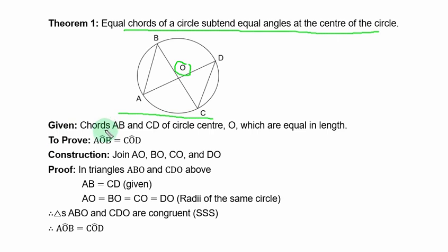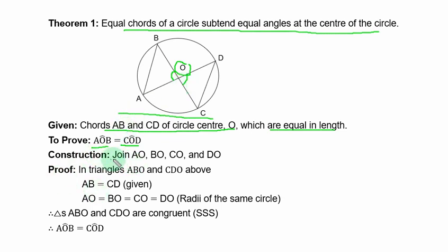Given chords AB and CD of circle center O, which are equal in length, we want to prove that angle AOB, this angle, is equal to angle COD, this angle. Because the chords are equal, this theorem is stating that the angles they subtend are equal.